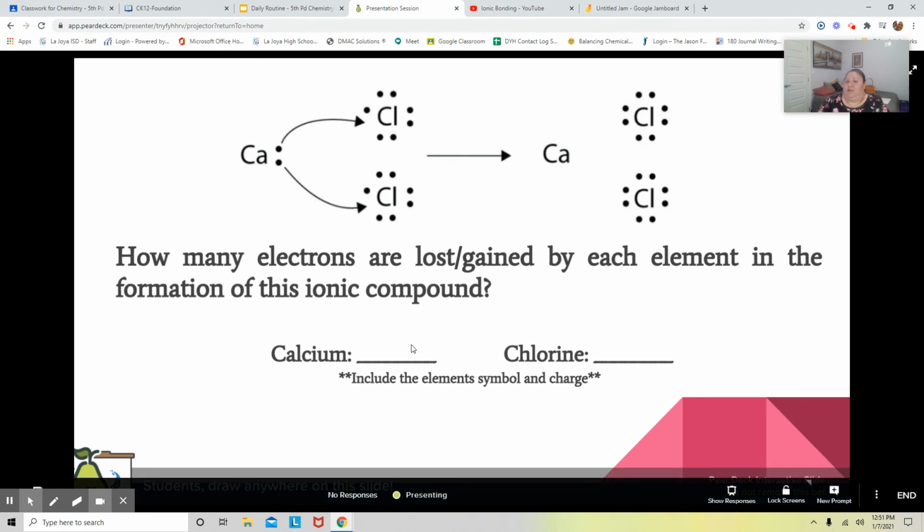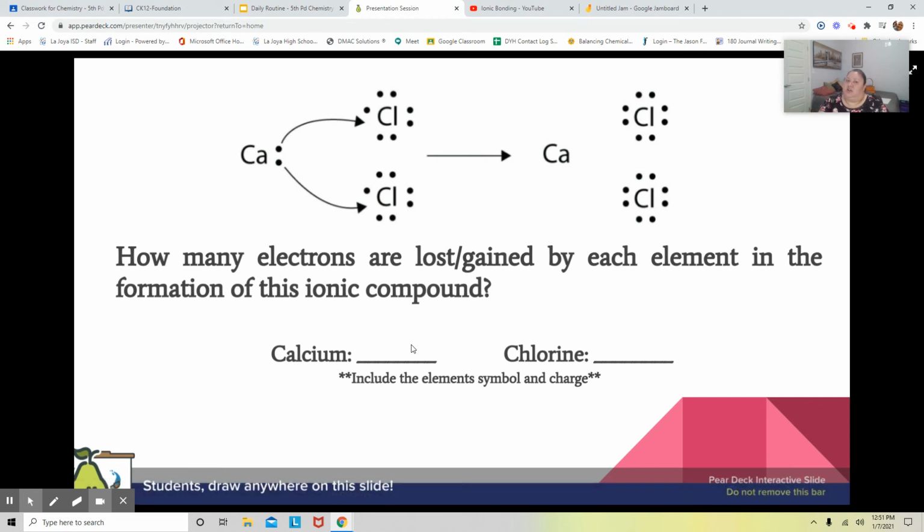So remember, the number of electrons that is lost is your charge. So in this case, we lost 2. But my question, what is the symbol for that charge? Is it a plus sign or is it a negative sign?